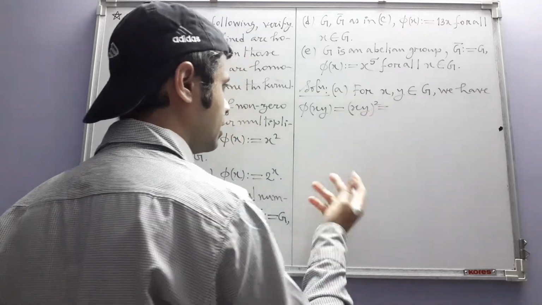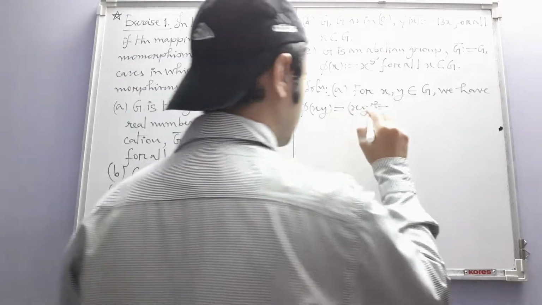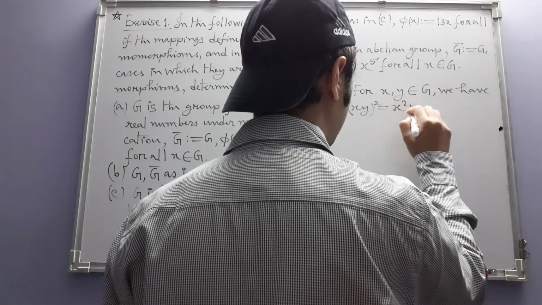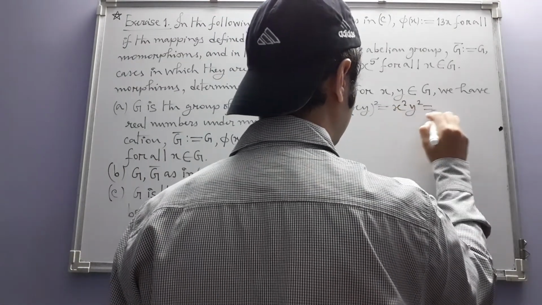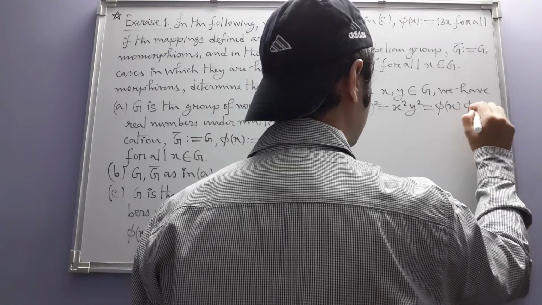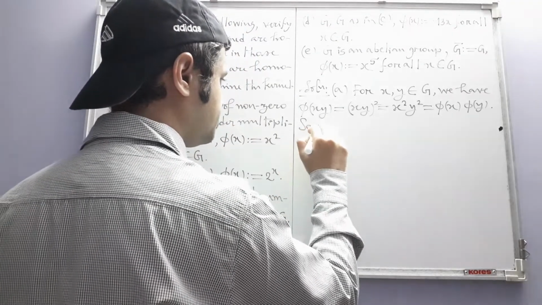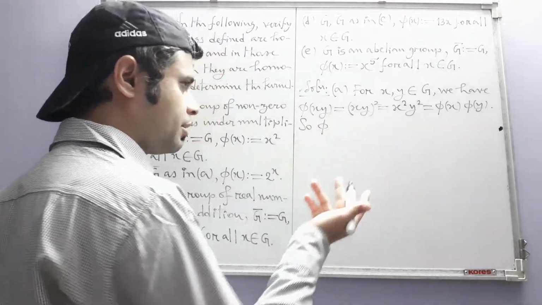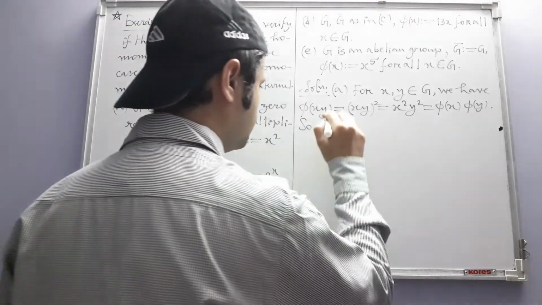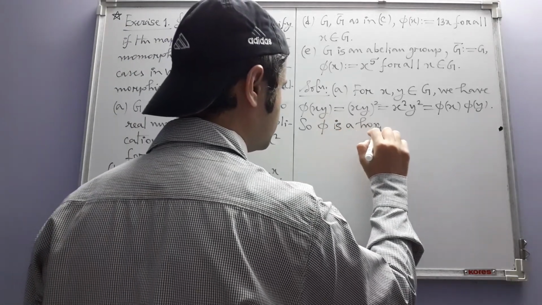Since x and y are in the system of real numbers, xy whole square equals x square times y square. And x square is phi of x, y square is phi of y. So phi is a homomorphism.